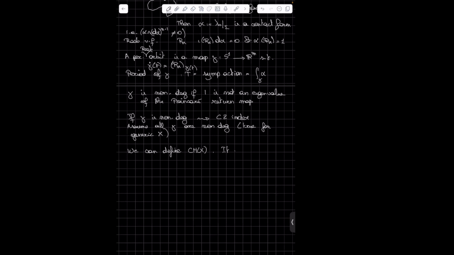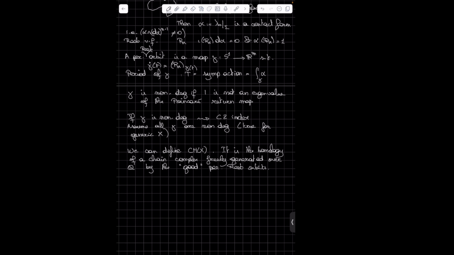So it is the homology of a chain complex freely generated over the rationals by the good periodic Reeb orbits. By good, the definition is that it's not bad.